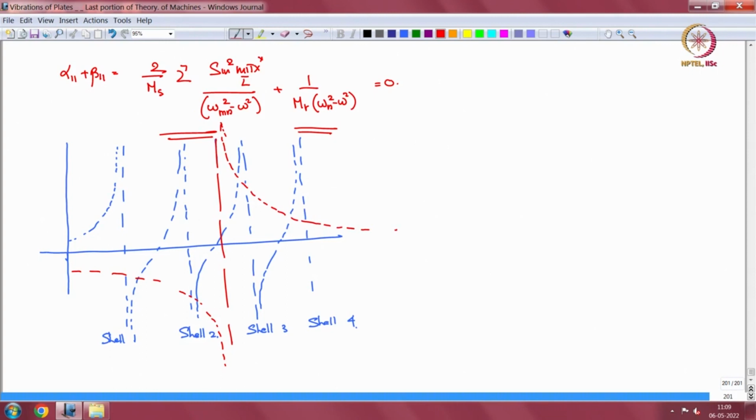So, the new natural frequencies are the intersections of alpha 1 with minus beta 1, that means the red and the blue lines.